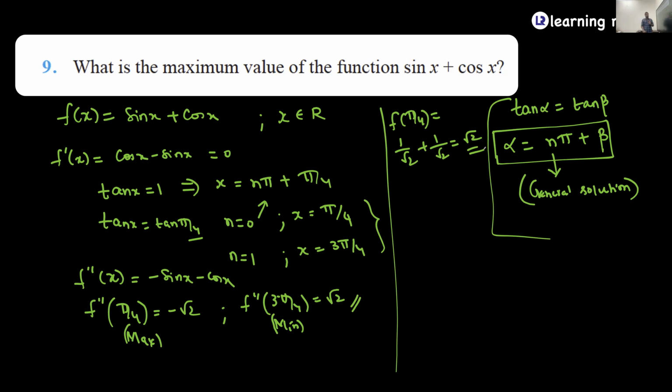Just in case they ask you the minimum value, you will write f of 3 pi by 4. Sin 3 pi by 4 is minus 1 by root 2, cos 3 pi by 4 is also minus 1 by root 2, so minus 1 by root 2 minus 1 by root 2 gives you minus root 2. So this is all about the maximum and the minimum value of sin x plus cos x.